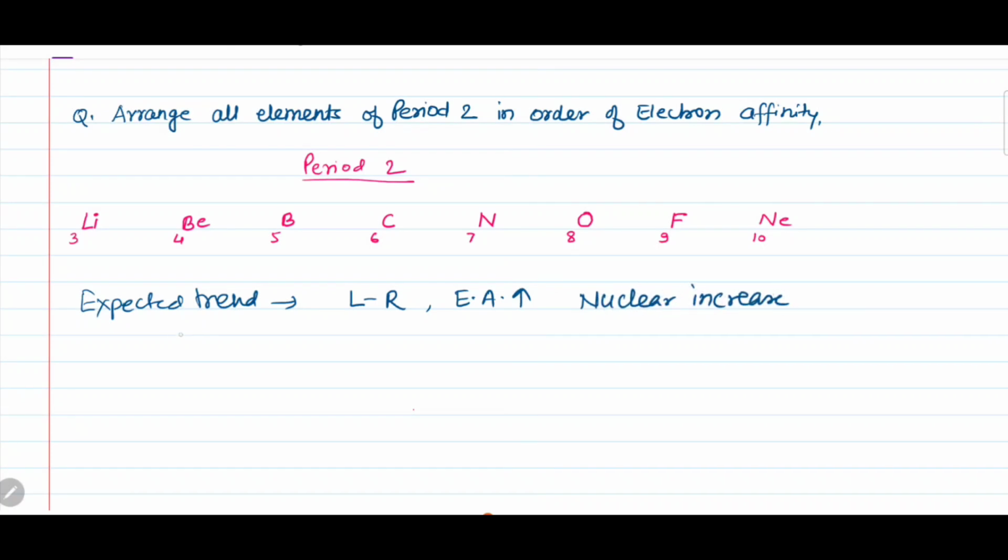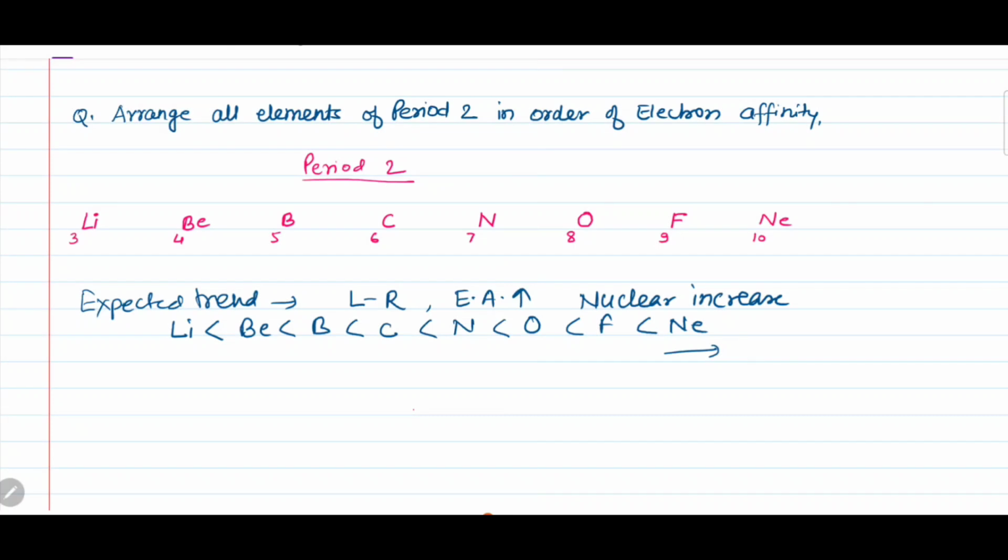So the expected trend should be lithium, then beryllium, then boron, then carbon, nitrogen, oxygen, fluorine and neon. So from left to right, the electron affinity should increase.